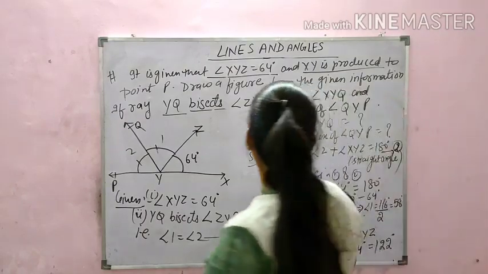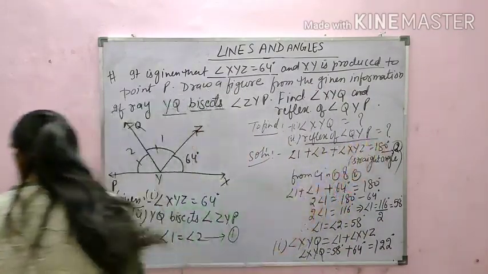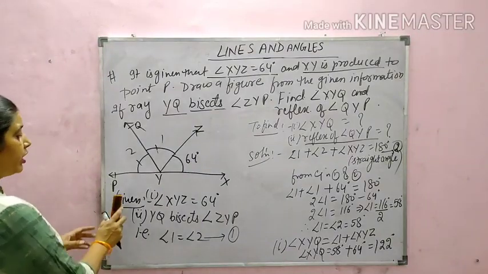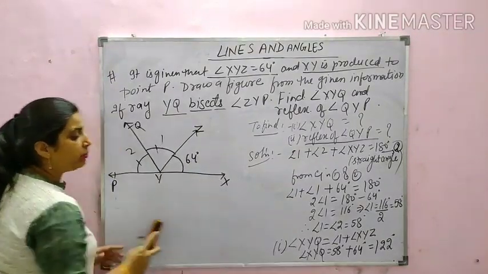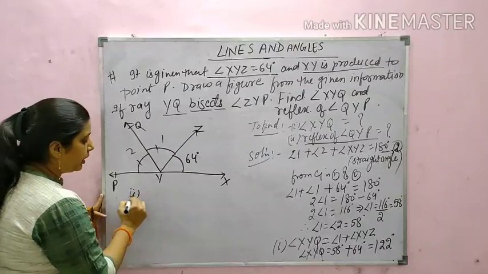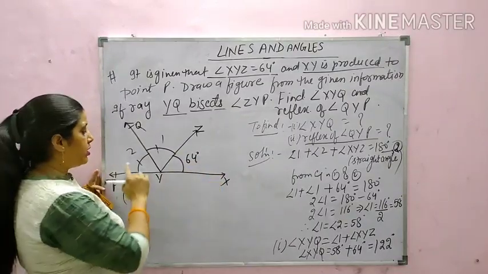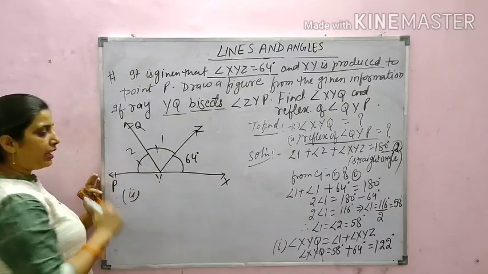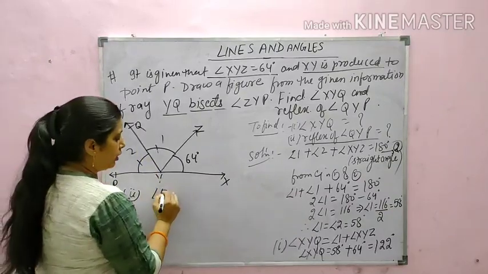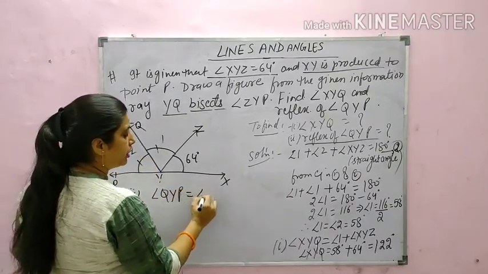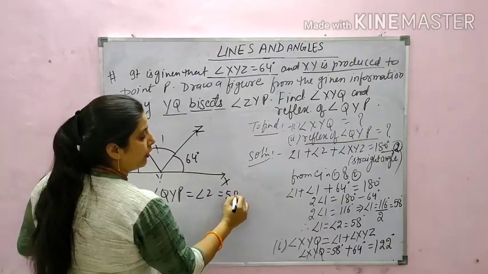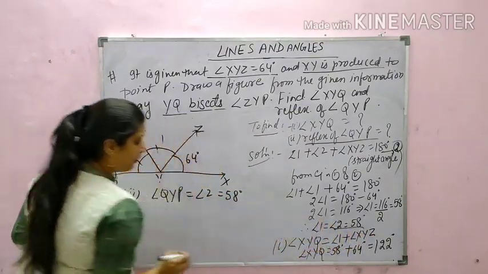Now we have to find out reflex of QYP. Clear? Reflex of QYP, I am writing second part here. For this we will find first angle QYP. It means angle 2. Angle QYP equal to angle 2, which is our 58 degree.